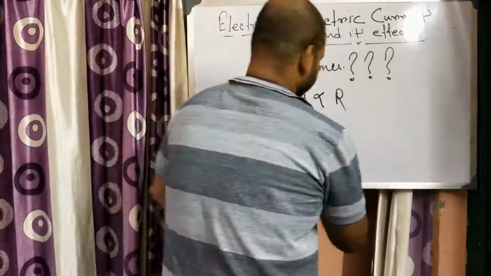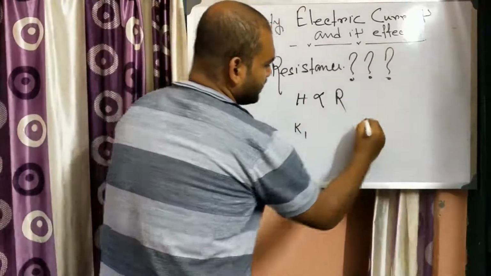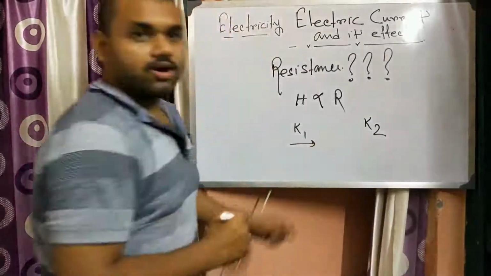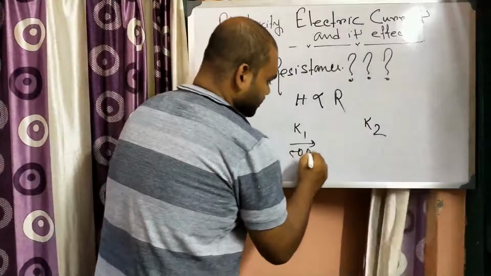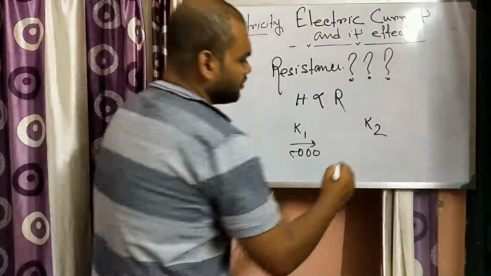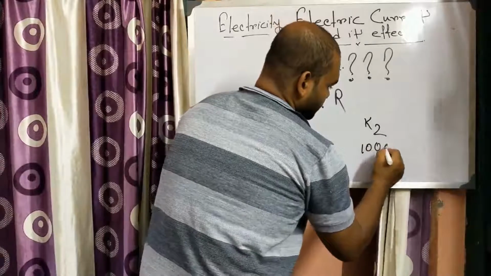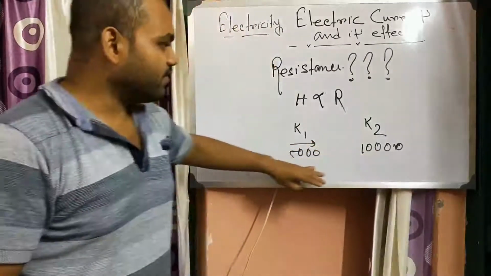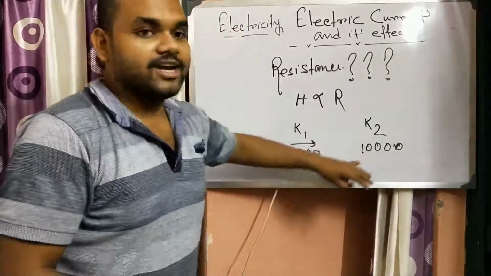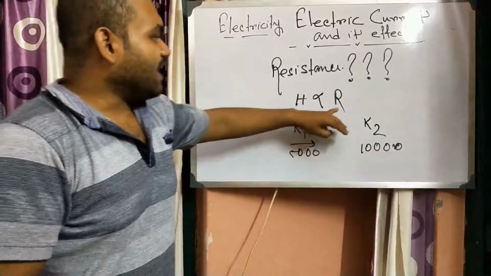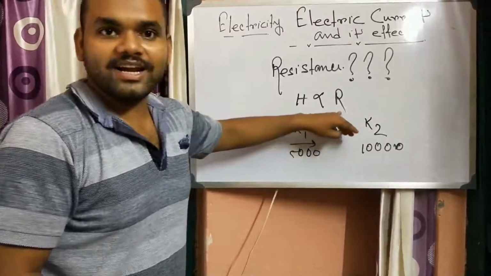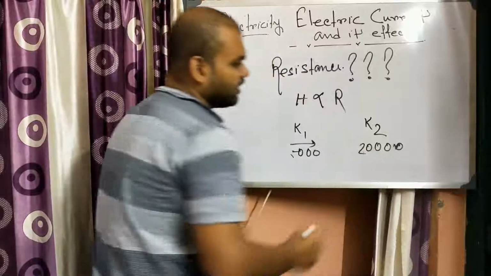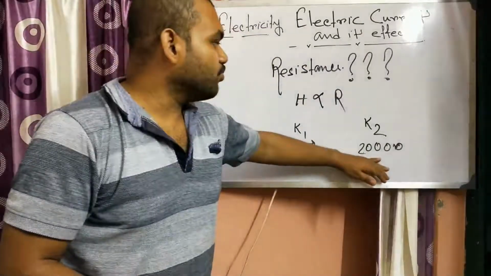Suppose there are two kings, king 1 and king 2. King 1 has an army of 5,000 men, and king 2 has an army of, suppose, 10,000 men. Whenever there is a fight between king 1 and king 2, as the resistance is more, the heat generated will be more. If king 1 has more resistance, it can resist more soldiers.